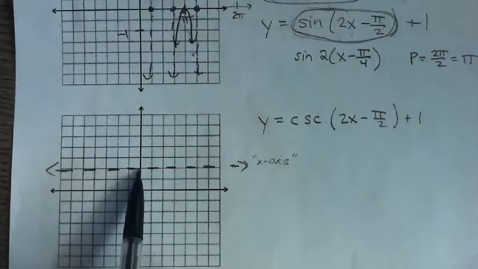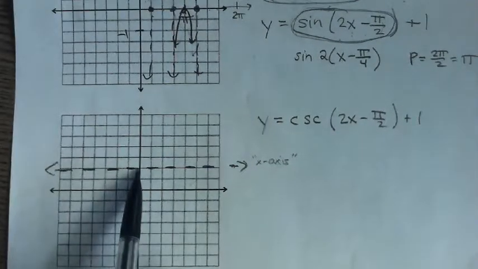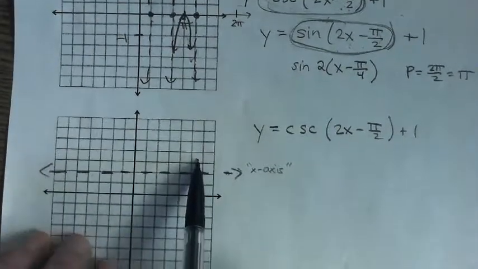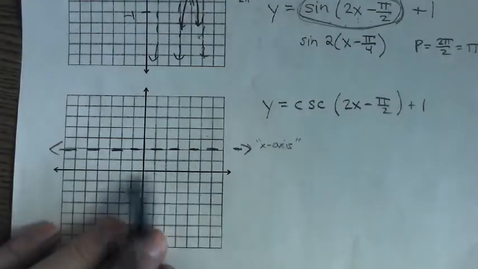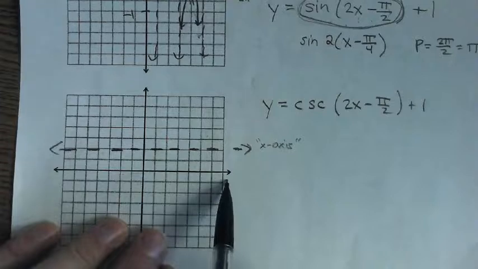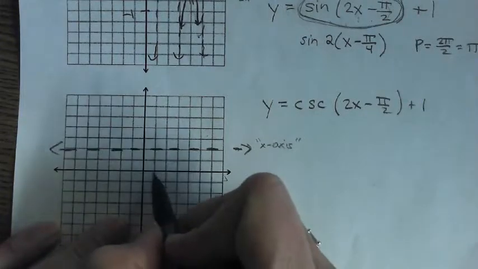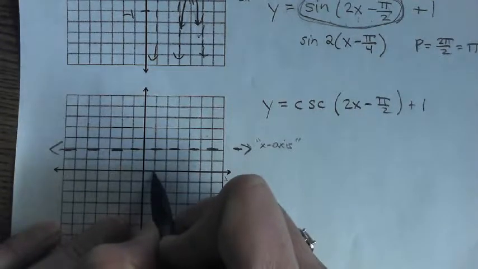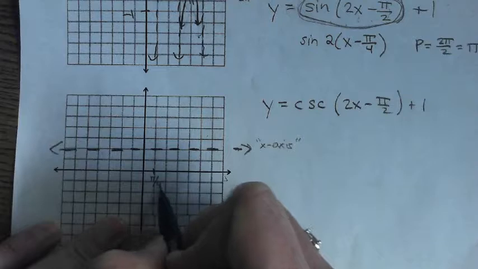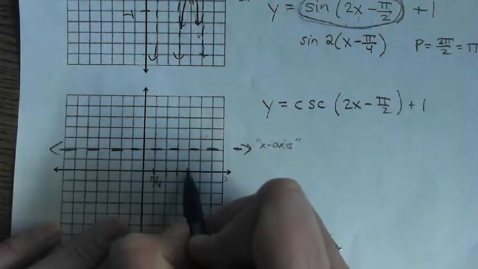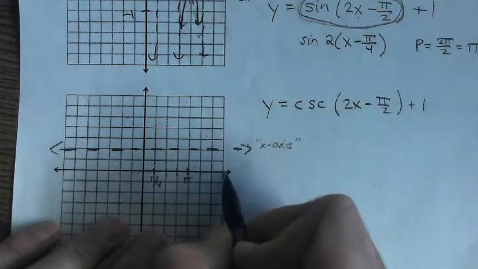Make sure, and this is what happens sometimes when people do that, and this is not a huge deal, but just make sure when you're scaling, you're still scaling your true x-axis, not your new frame of reference x-axis. Does that make sense? So I'm still going to kind of shift everything pi over 4. So this would be pi over 4, 2 pi over 4, 3 pi over 4, 4 pi over 4.